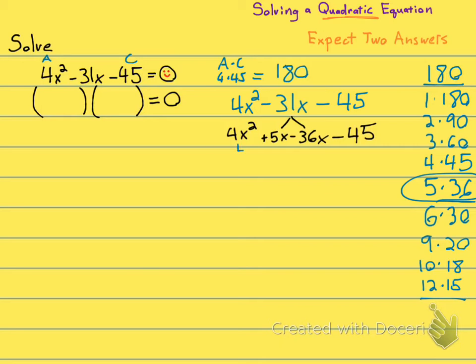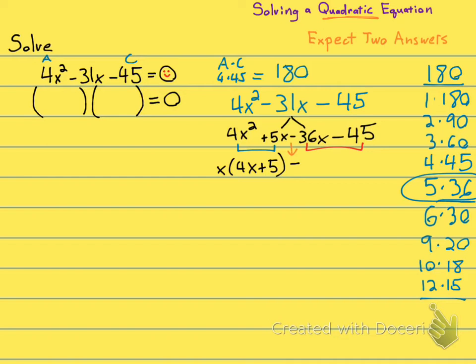Okay, and you know that I use the Spider-Man colors of blue and red. And when I look at the blue group, I take out what's in common. And the only thing I can take out here is an x. So I'm left with 4x plus 5. I need to drop down this sign, minus. And then what can I take out of the red group? 36x minus 45.